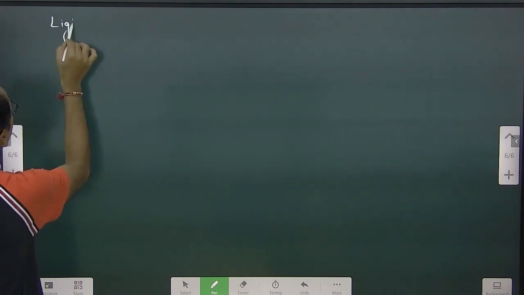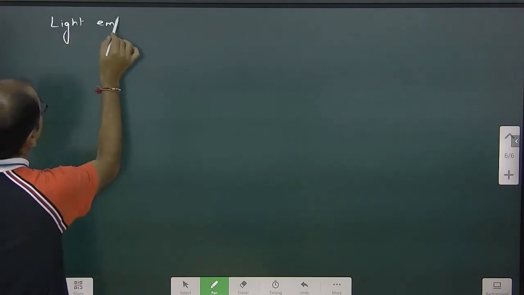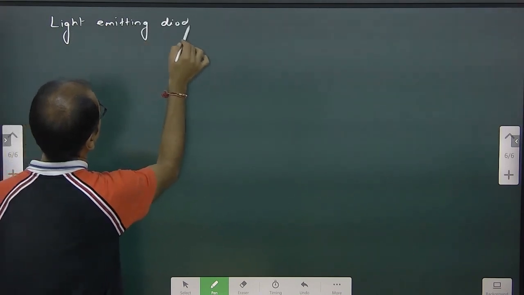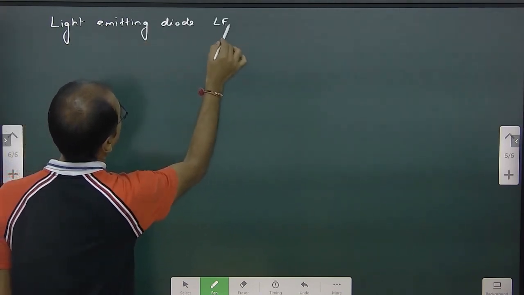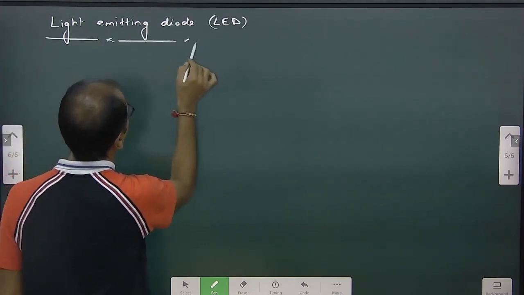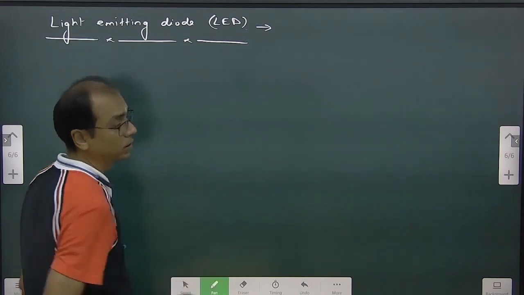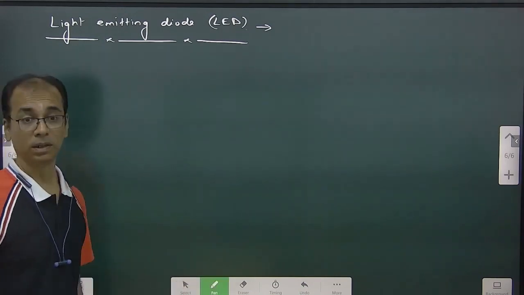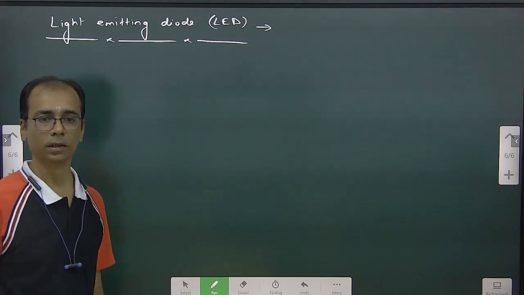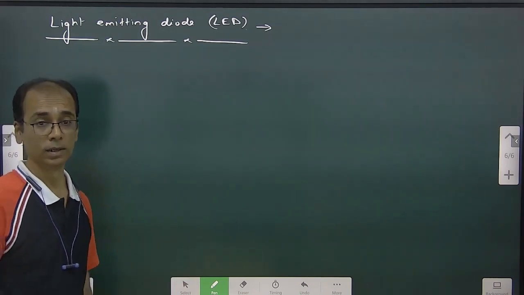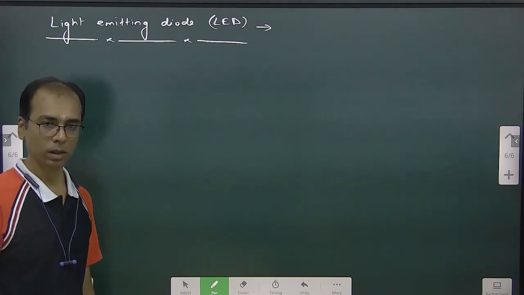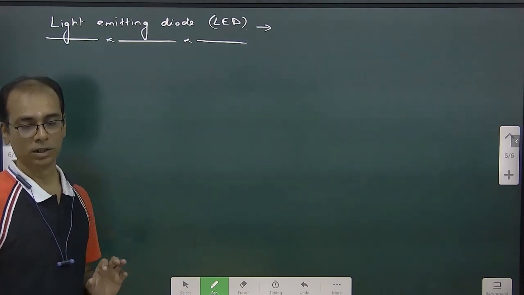We all know about that, right? Almost all the lights in our home are LEDs only. Other than that, our TV screen, monitor screen, mobile, all LED. So we are actually using LED everywhere.